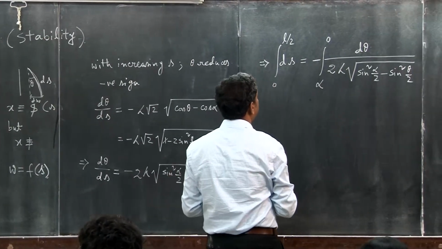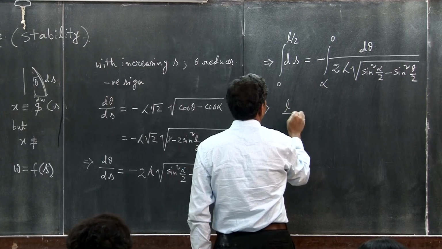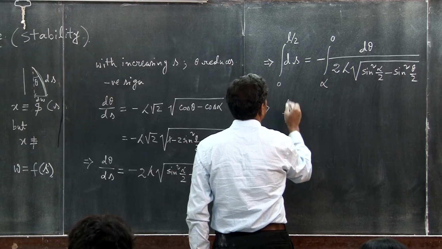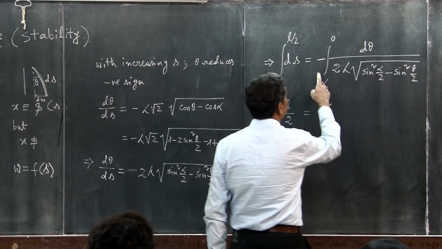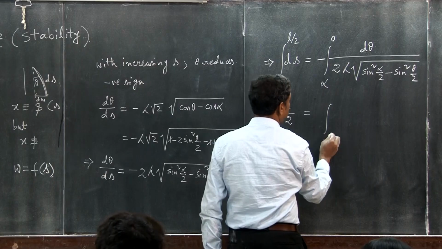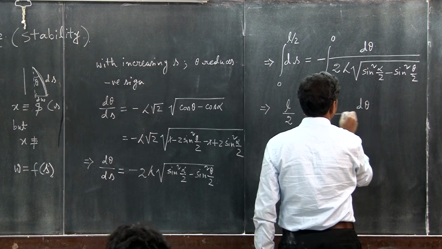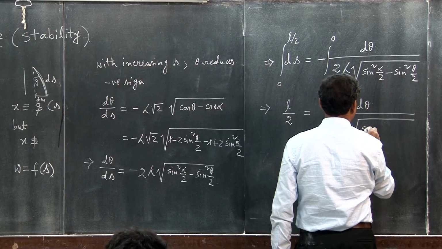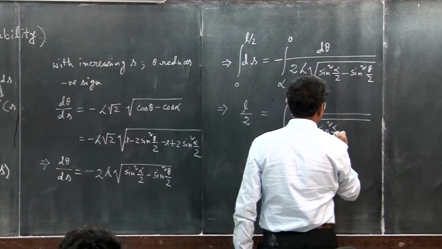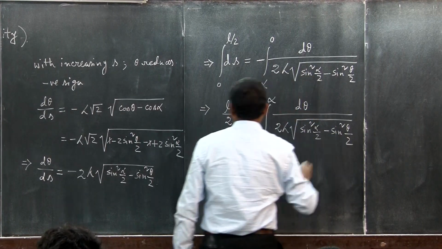So now I can write here L by 2 is equal to, with theta from 0 to alpha, and the negative sign I can take out, d theta divided by 2 lambda root sine square alpha by 2 minus sine square theta by 2.